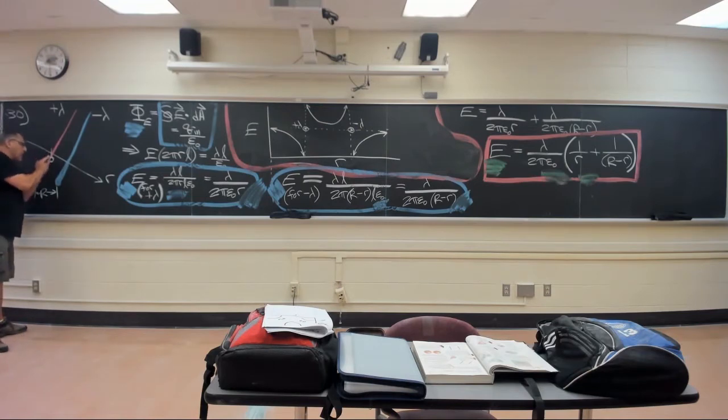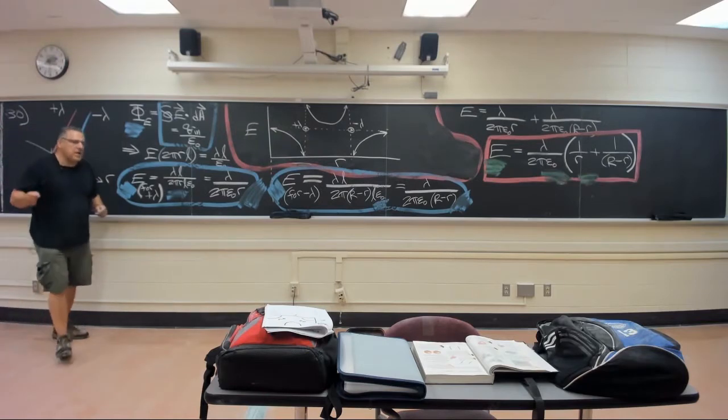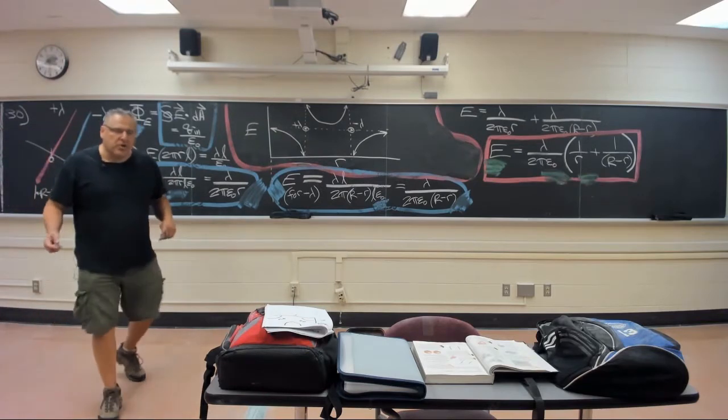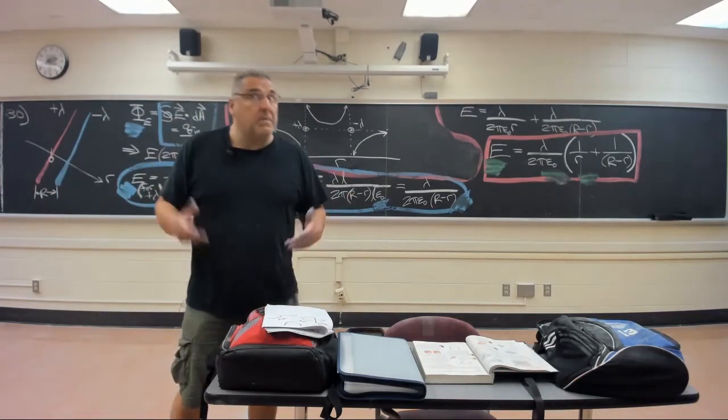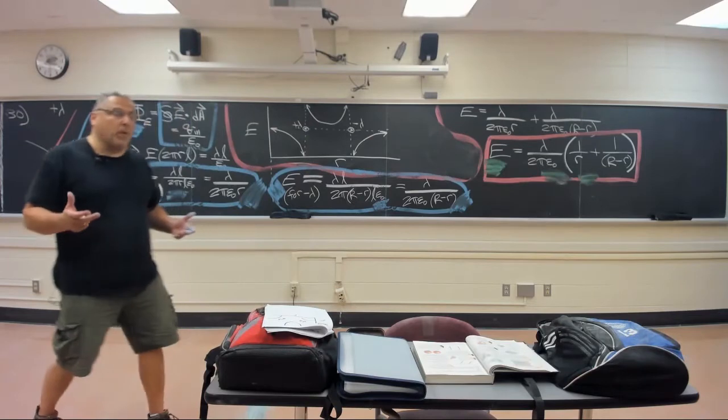The bigger the radius of the Gaussian cylinder encompassing this, the smaller the E field under consideration, because there are greater distances involved for the E field to be manifested, for lack of a better way to say it.